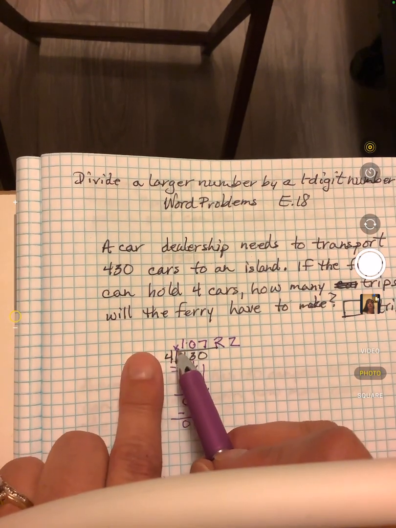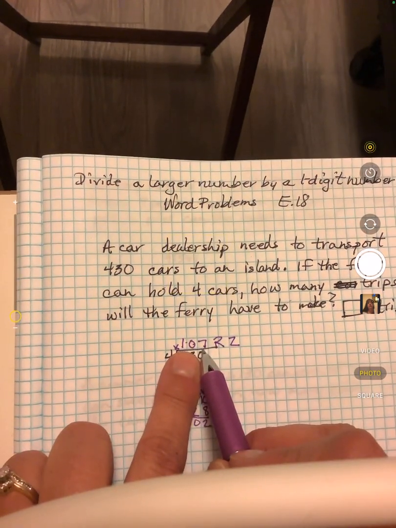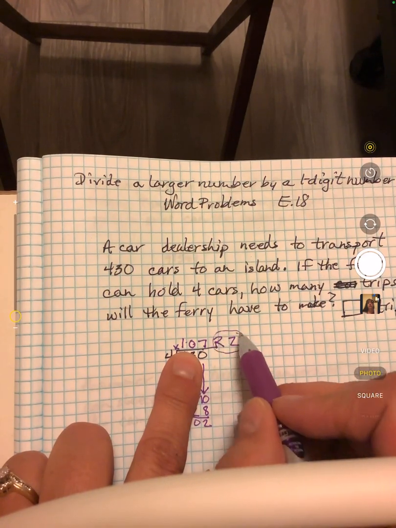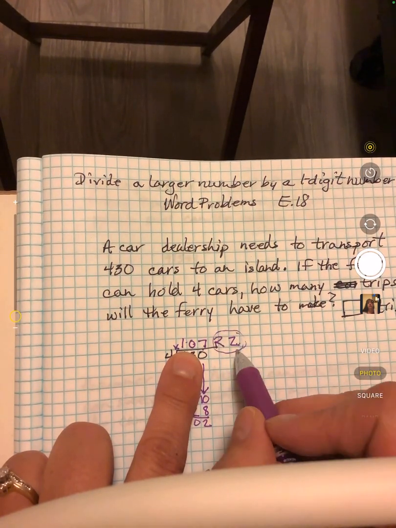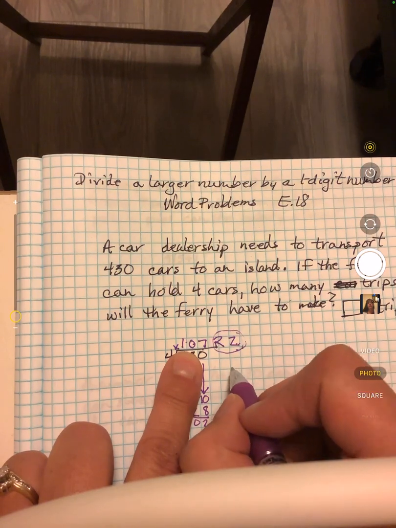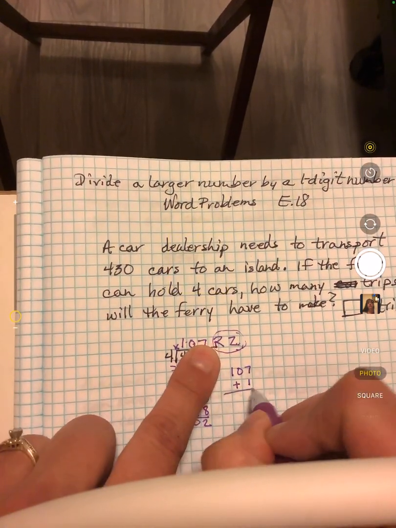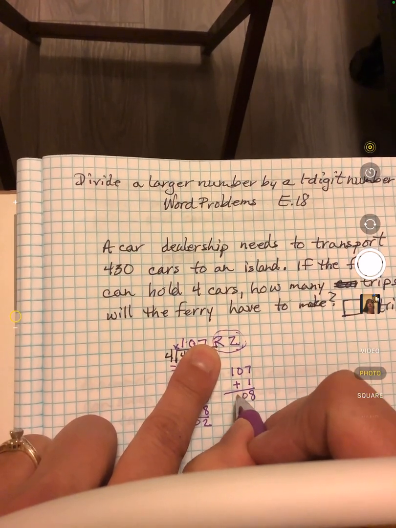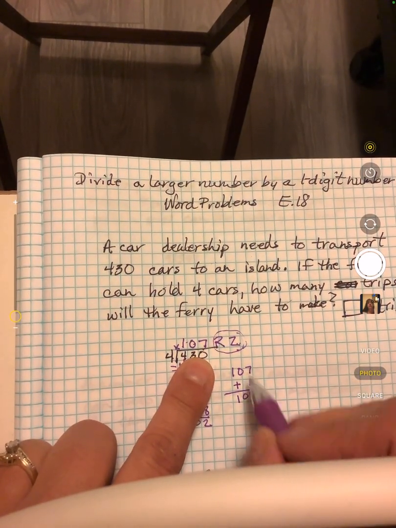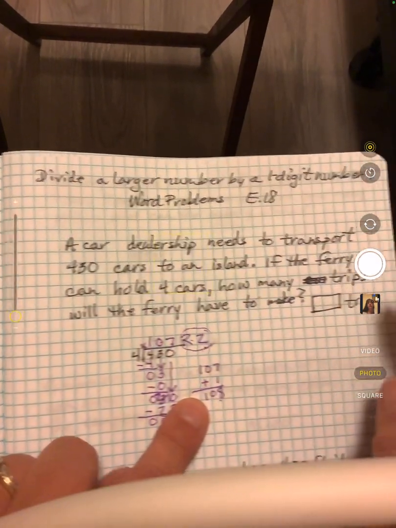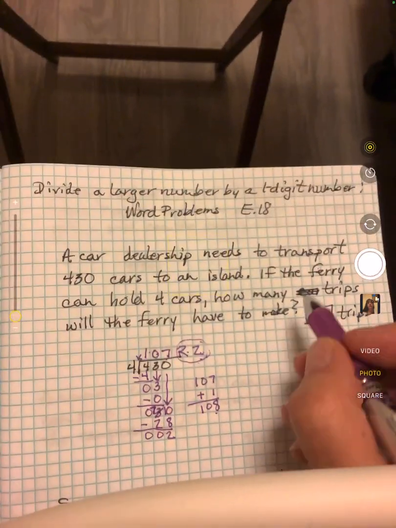So you know that it has to make 107 trips, but I still have 2 left over here. These 2 cars need to get across too, so it has to make 107, plus it has to get that one over. So it really has to make, even though there'll only be 2 cars on that one, 108 trips.